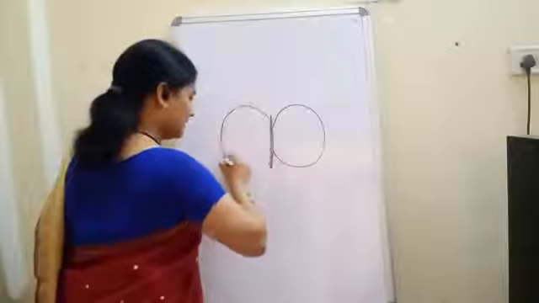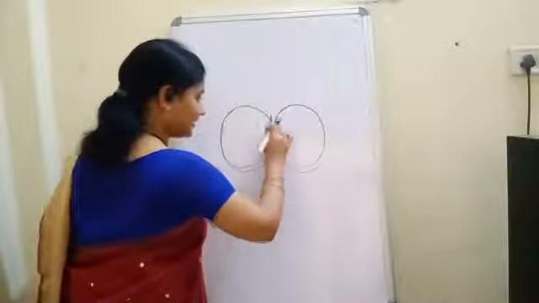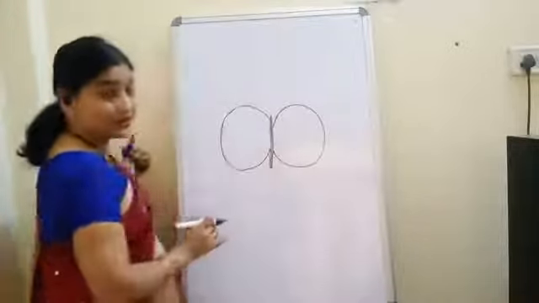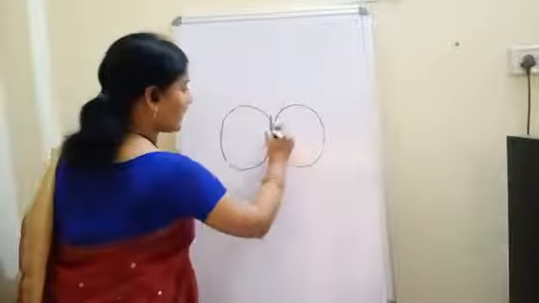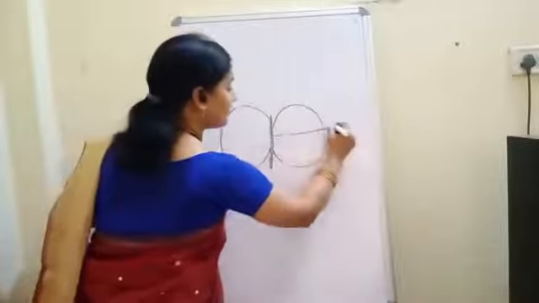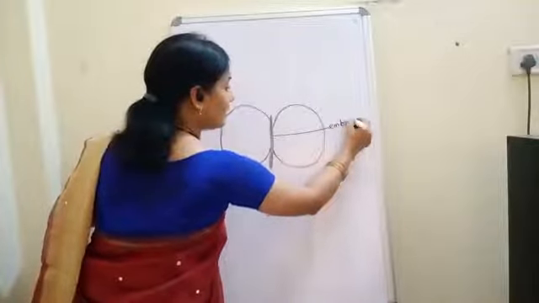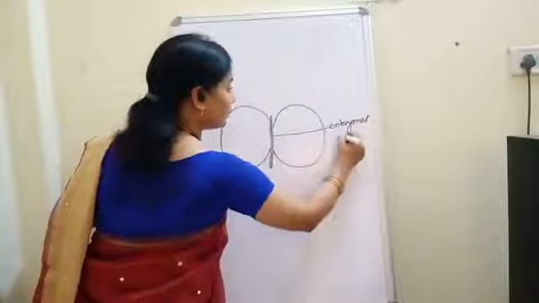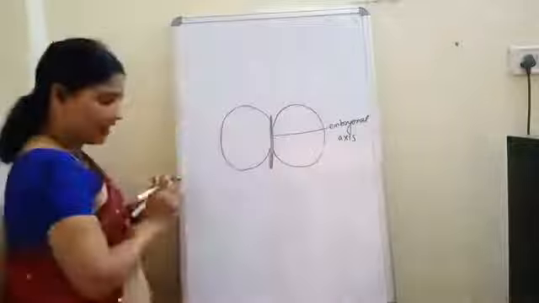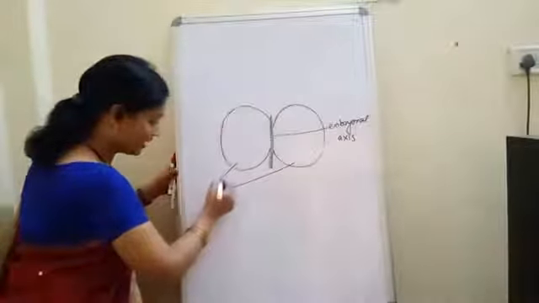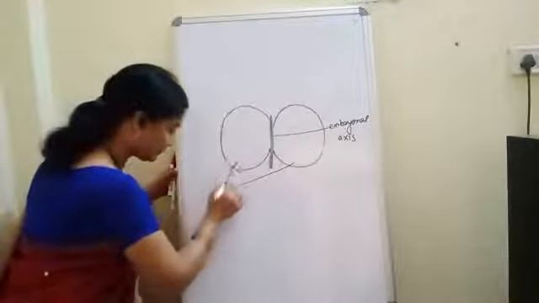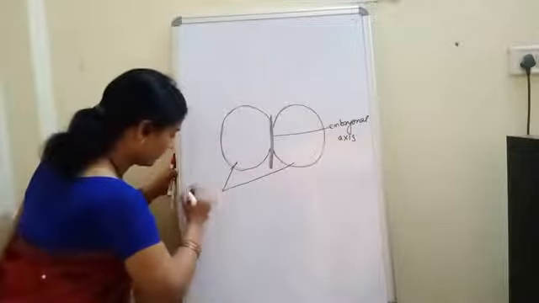But if we see the seed like this, we can see the connection between the two cotyledons is called the embryonal axis. So this black one is called the embryonal axis, and the two are called the cotyledons.